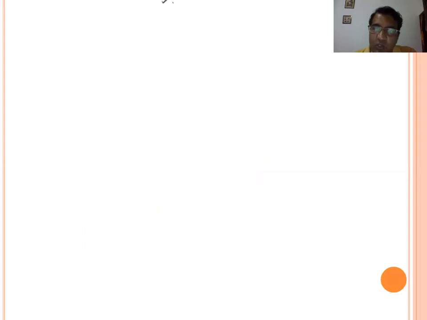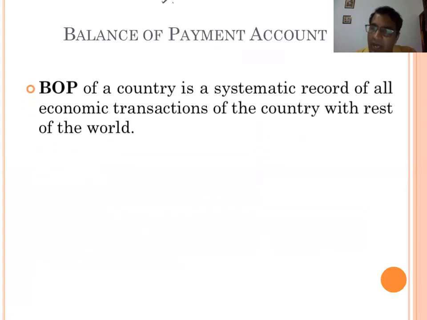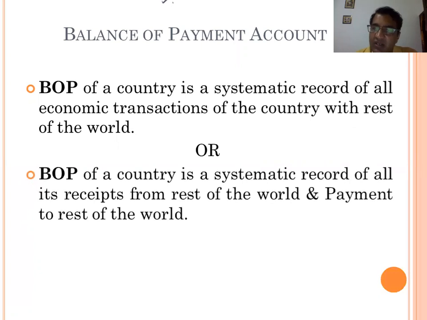Now the balance of payment account. The balance of payment account is a systematic record of all economic transactions of the country with the rest of the world. All the transactions which we are doing with another country, the record of those transactions in a systematic way, is called a balance of payment account. In another way, we can say it is the systematic record of all its receipts from the rest of the world and payments to the rest of the world.